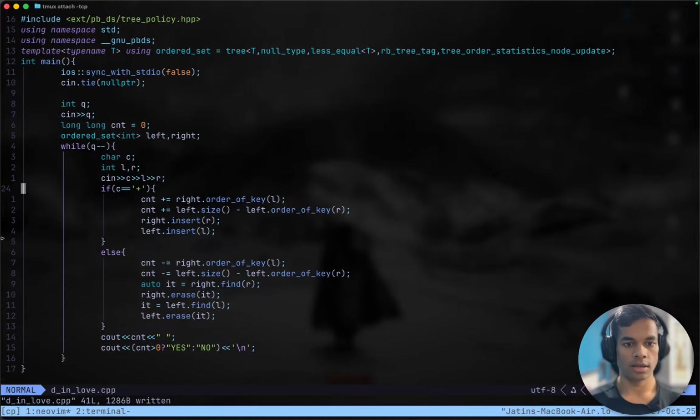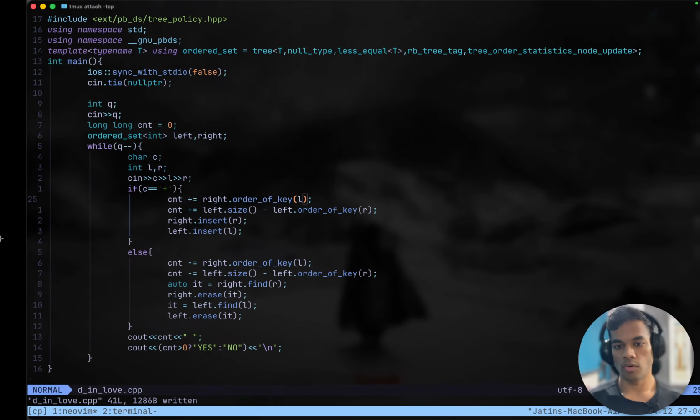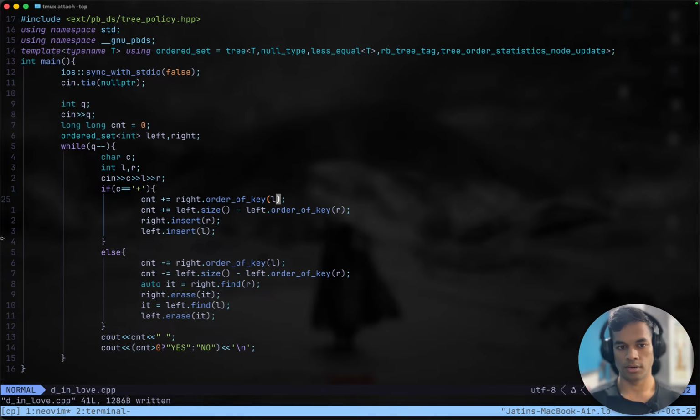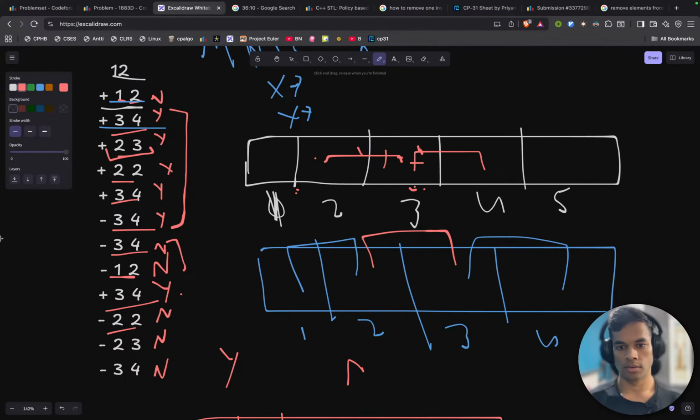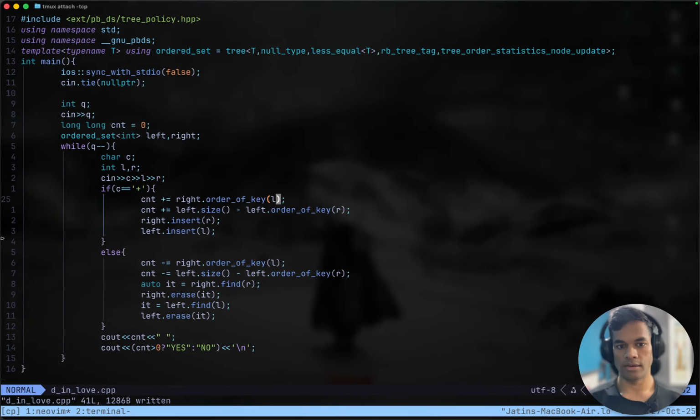We are looking at order of key, order of key of left and right.